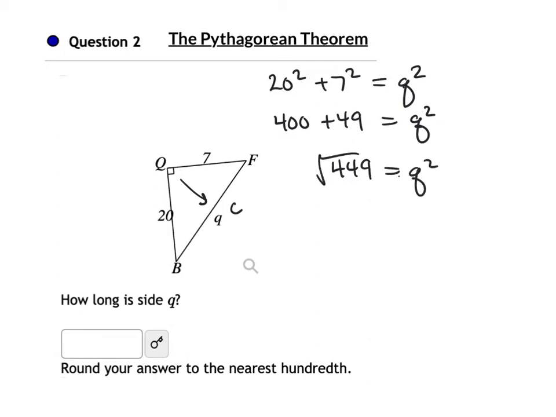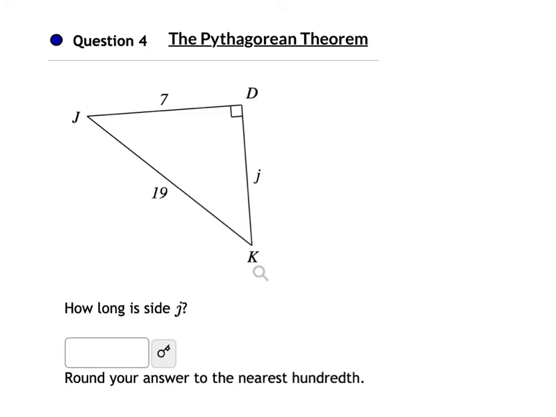Square root both sides. We're going to round to the hundredth. That's 2 decimal places. Look to the third decimal spot to round. The result is 21.189, and that 9 will tell us to bump the 8 to a 9. So it's 21.19 to the hundredth.